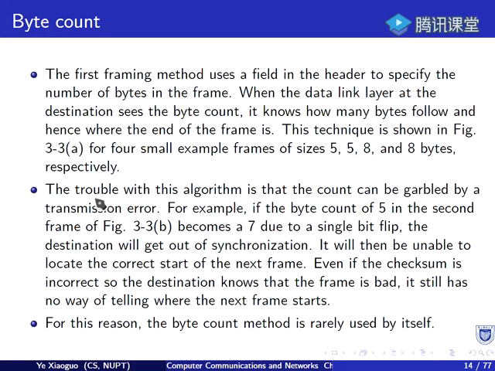The trouble with this is that the count can be garbled by a transmission error. For example, if the byte count of 5 in the second frame comes as a 7 due to a single bit flip. 5 is 1, 0, 1, right?